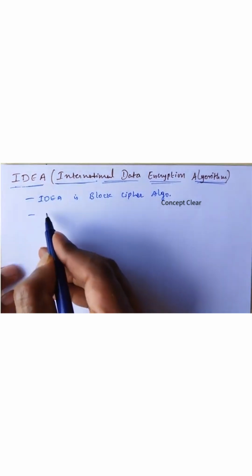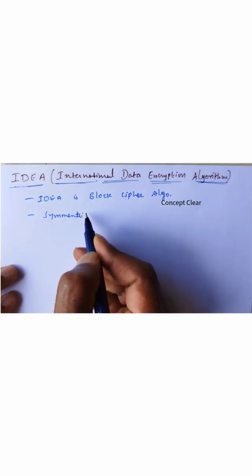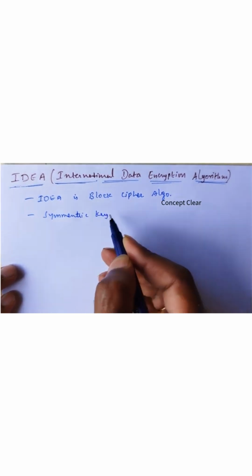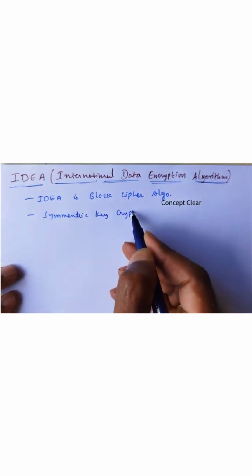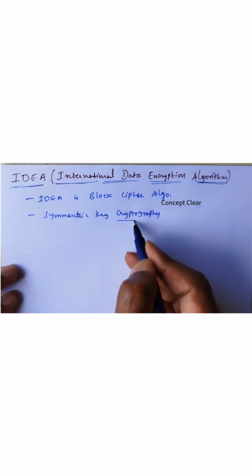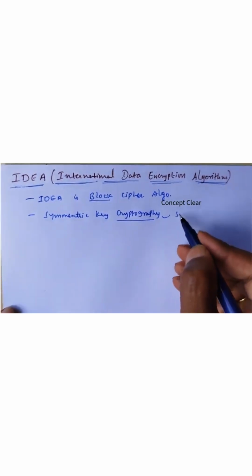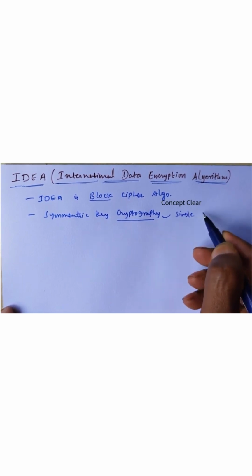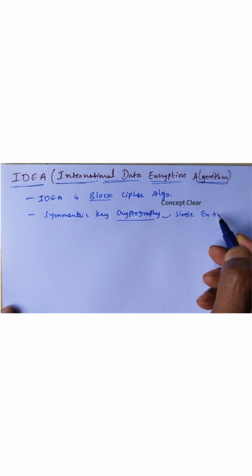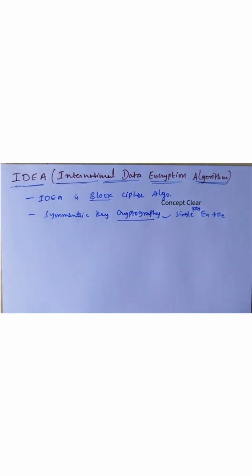That is called a block cipher algorithm. And it is a symmetric key cryptography. What is the meaning of symmetric key? A single key is used for encryption and decryption. That is called symmetric key cryptography.